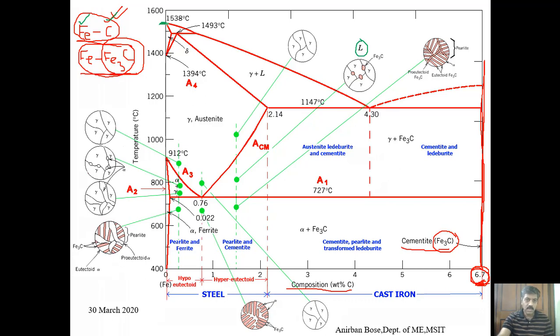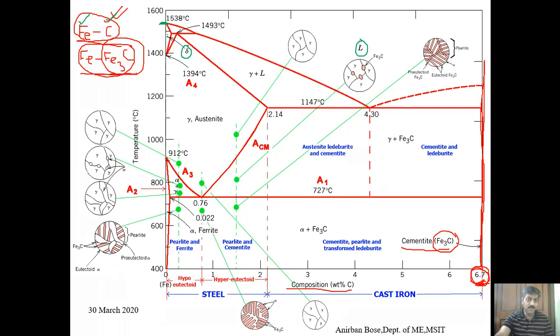Here you see one primary phase present in this region, which is delta phase. This is called delta ferrite, delta iron. I have told you different solid phases are represented by alpha, beta, gamma, delta. These are the different symbols used. So this one is the delta iron.